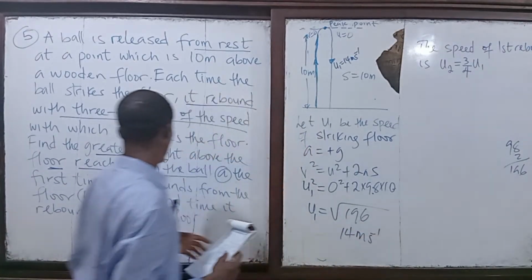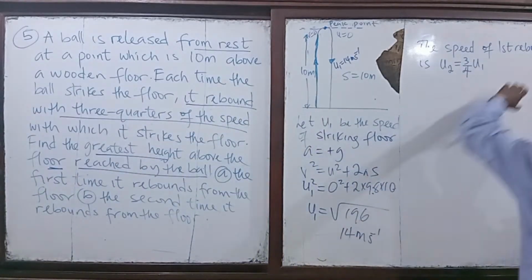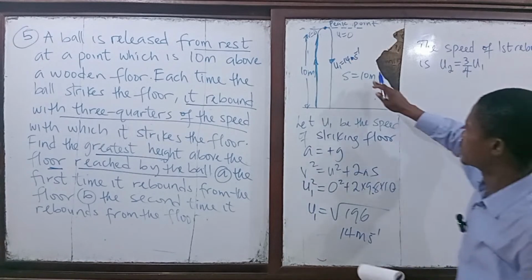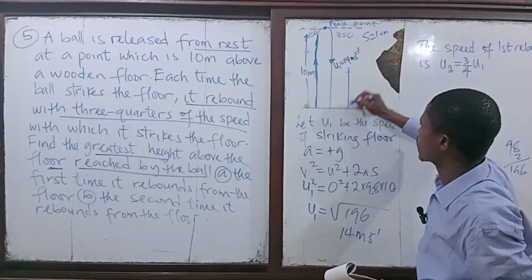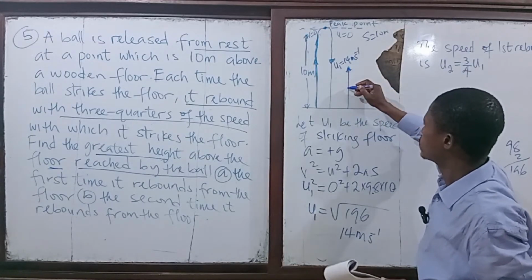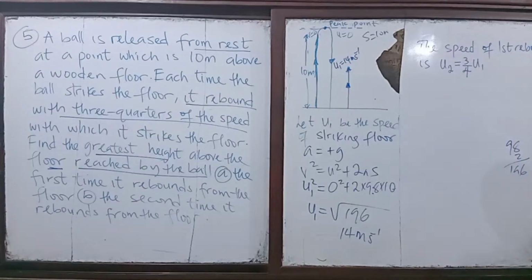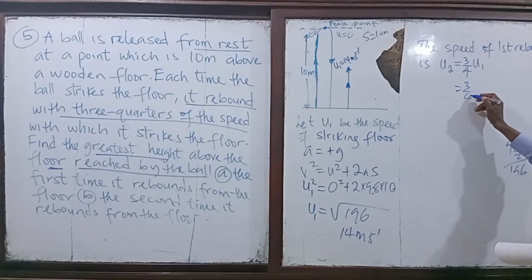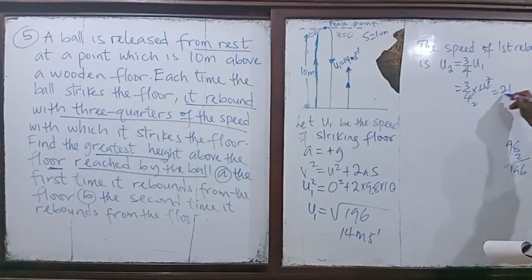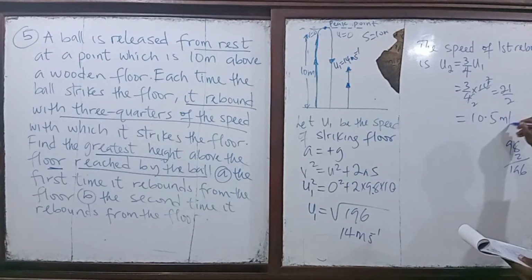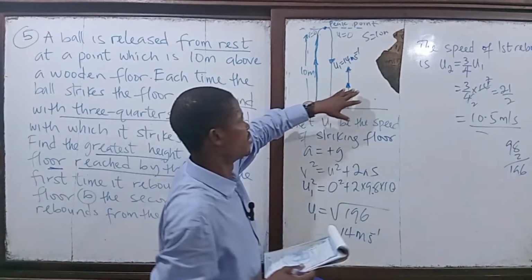So the speed of the first rebound is 3/4 times 14. 2 here, 2, 2 here, 7, that's 21/2, which is 10.5 meters per second. That is the speed of the first rebound.